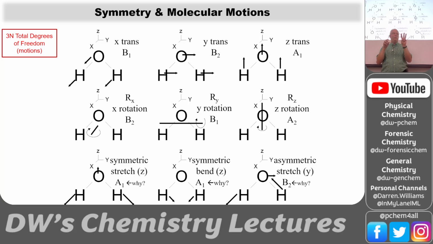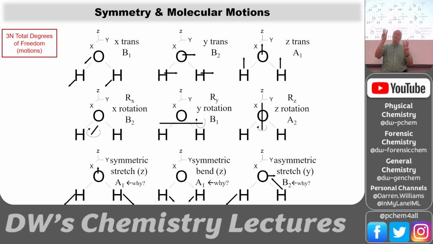What if I have 2 atoms? Each atom still has 3 degrees of freedom. They can all move in the x, they can all move in the y together, they can all move in the z, so that's translation. If they tried to move in opposite directions, the molecule doesn't move, but they're vibrating. And it can rotate around each other.